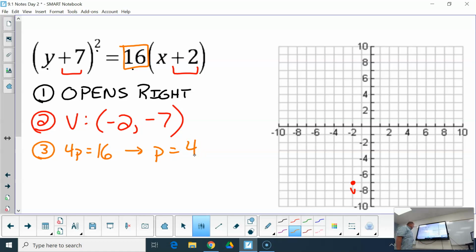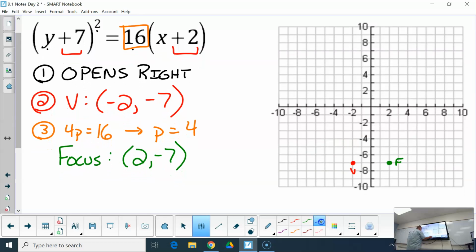So if p is 4, since it opens to the right, my focus is going to be 4 units to the right of my vertex. 1, 2, 3, and 4. So there is my focus. And that would be at the point 2, -7.